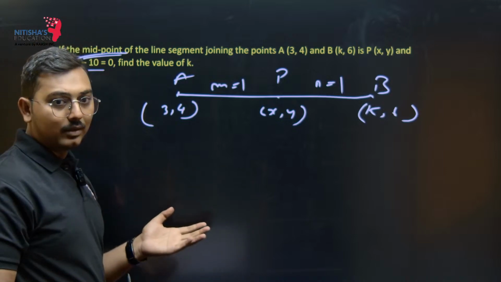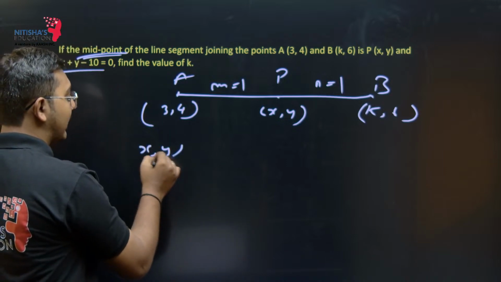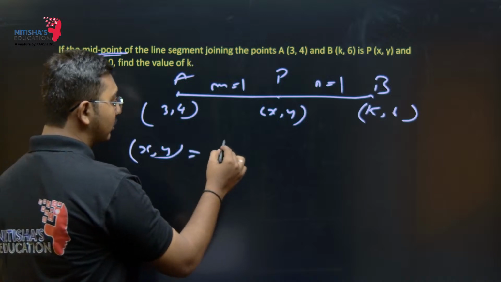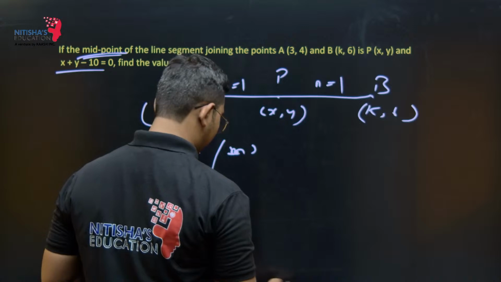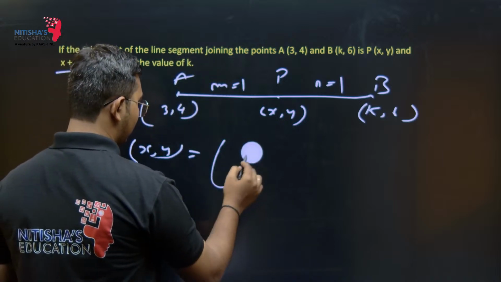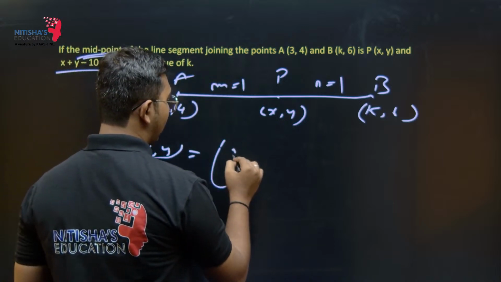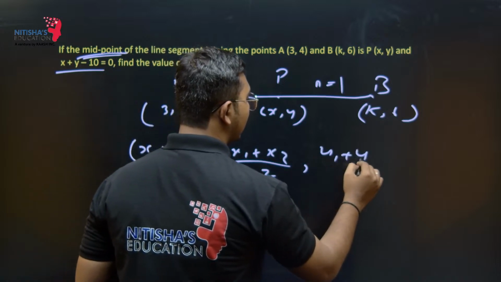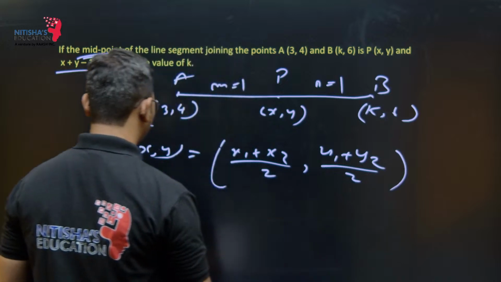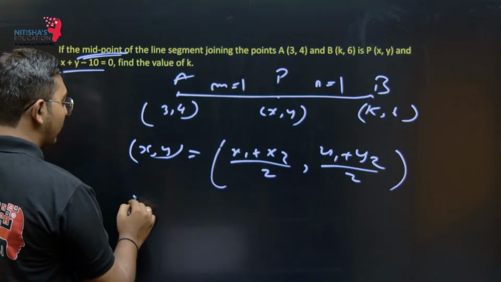Using the same section formula, x comma y is equal to, now it is a midpoint theorem, so x1 plus x2 divided by 2, y1 plus y2 divided by 2. So x comma y is given to us already.